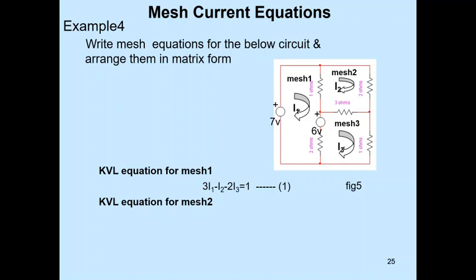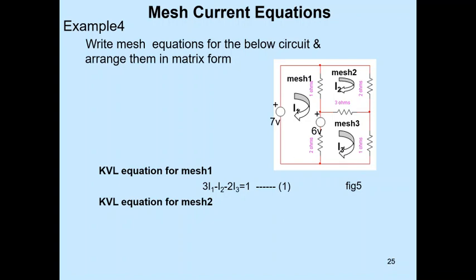Similarly, for the KVL equation for mesh 2, there is no voltage source. In 1 ohm, the current is I2 minus I1. In 2 ohms, only I2 current is flowing.